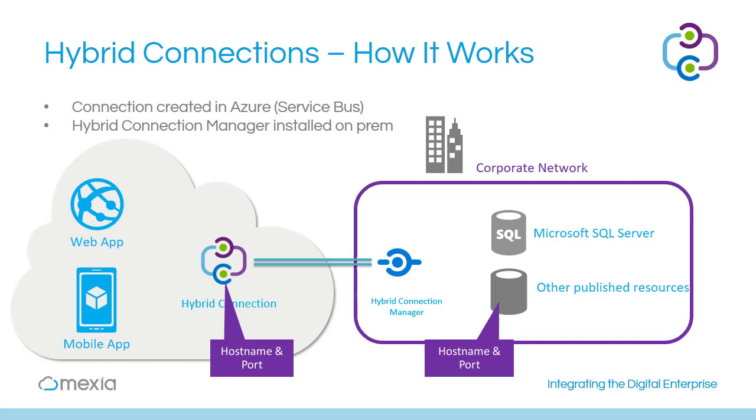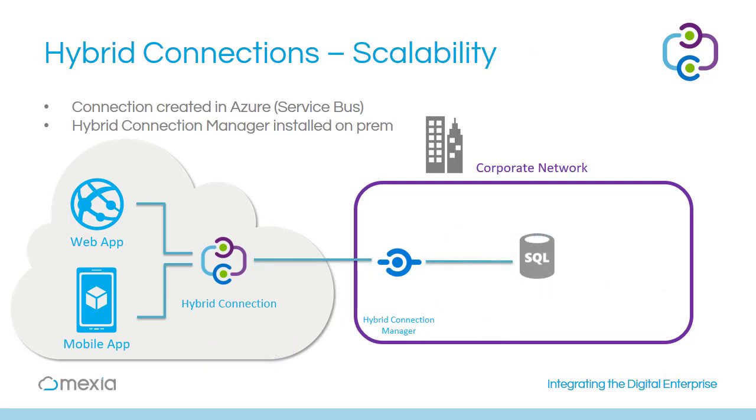Then you simply configure that hybrid connection manager to talk to your on-prem systems. The last step is to hook up your web app or your mobile app to that hybrid connection. It's extremely easy to set up, there are no changes required to your corporate network, and it truly is a lift and shift scenario.